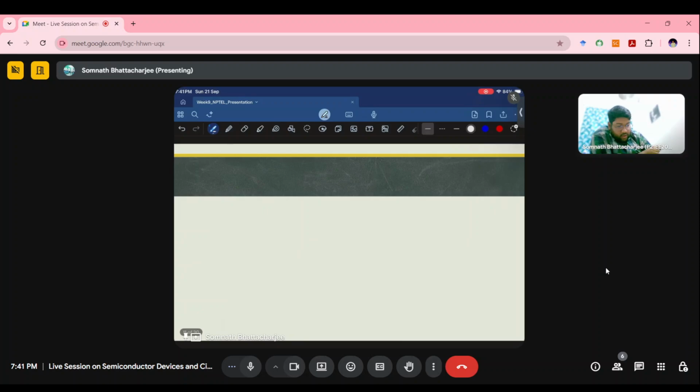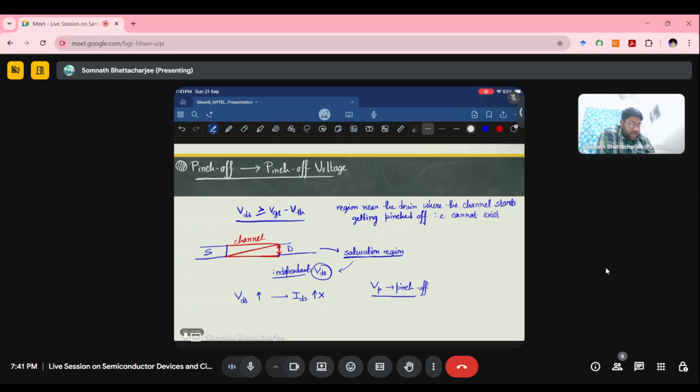As we have already assumed that there is no connection between the saturation region current and the VDS, we can write it as IDS sat for the time being. This IDS sat is completely independent of the value of VDS here.